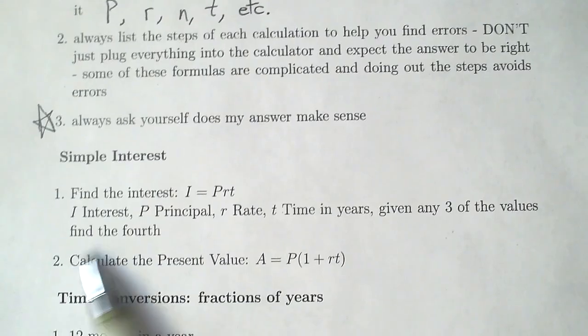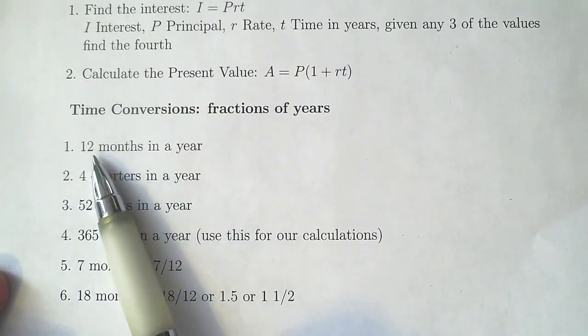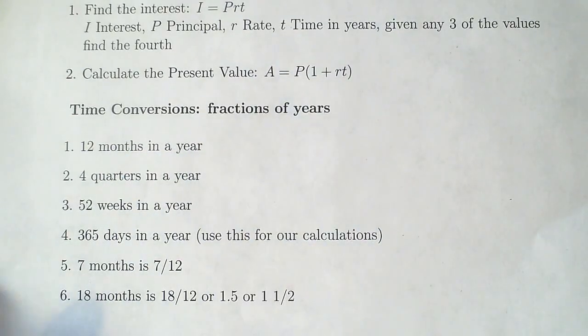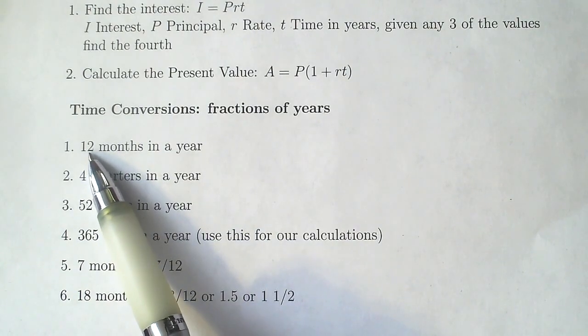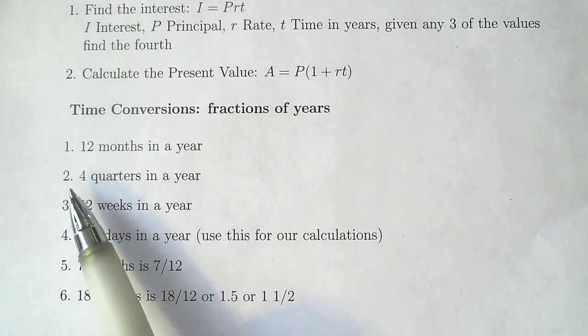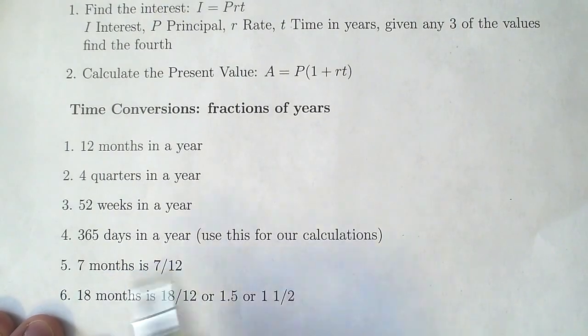What else? All right, this just has some formulas. I like this thing at the bottom of the page mentioning these are values of n, right? So when you're doing compound interest and a problem says monthly, use n equals 12. If it says quarterly, use n equals 4, and so on. I just want to add something here.